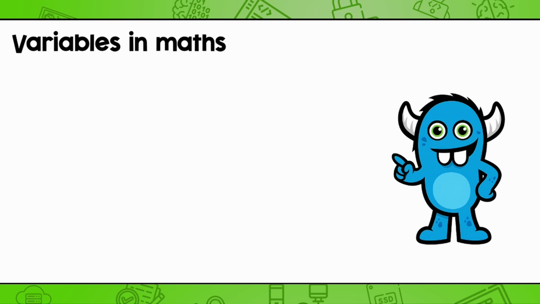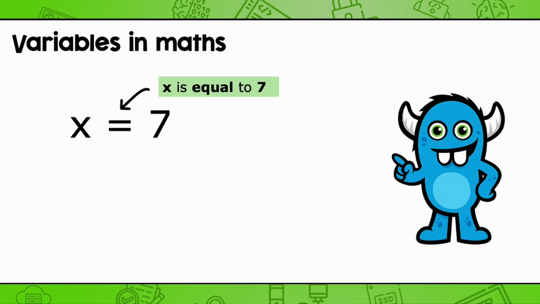So if you think back to your maths classes, you might come across the terminology of things like x equals 7. So in this instance, using this equal sign, x is equal to 7. Or y is equal to 2.